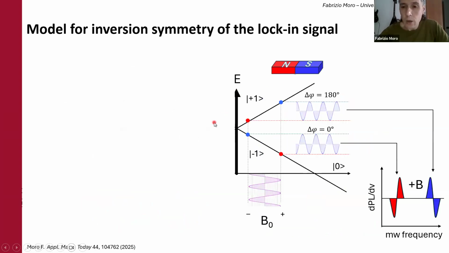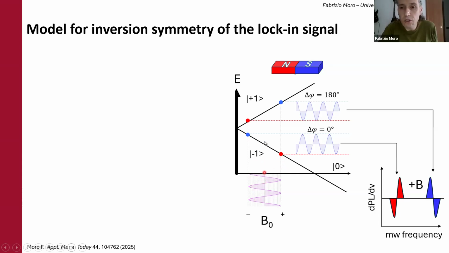The way to understand why we have this switch of symmetry is by looking at the energy level diagrams. When we apply the magnetic field, there is the Zeeman splitting of the spin triplet in the ground state of the NV center. If you then apply the modulating field, this effectively modulates the energy levels. The transition from 0 to -1 is modulated from high frequency to low frequency, so the microwave resonance line moves from high to low frequency.